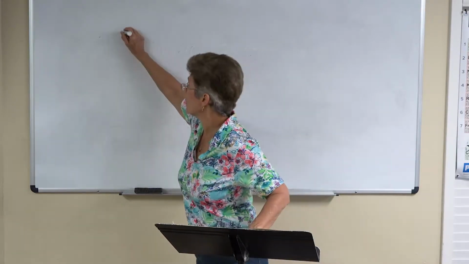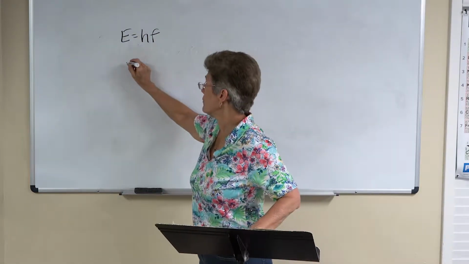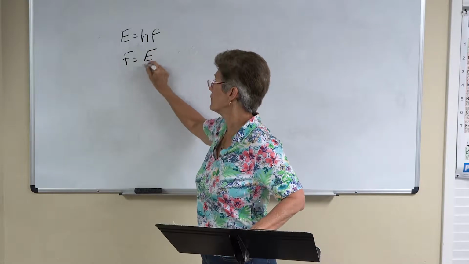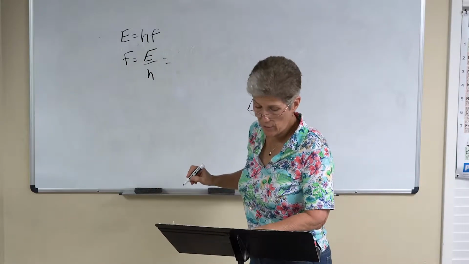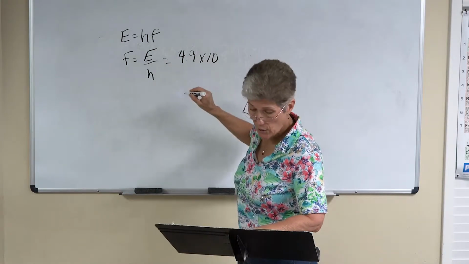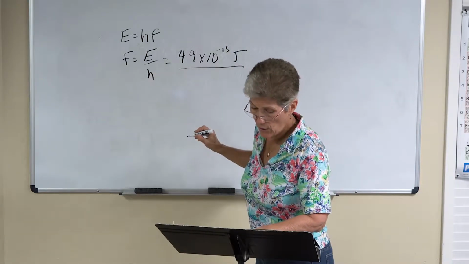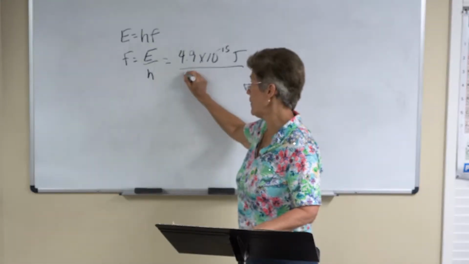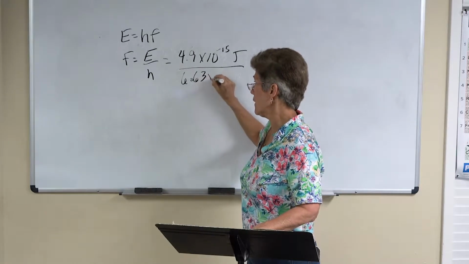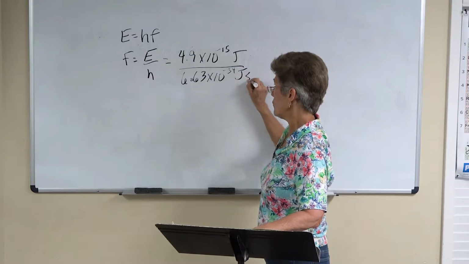Number 8, a photon has an energy. What is its frequency? Okay, so here we're still doing energy equals HF. But this time we're looking for frequency, so I'm going to solve for frequency. We are given the energy as 4.9 times 10 to the negative 15th joules, and we have H given to us at the top of the page, 6.63 times 10 to the negative 34th joule seconds.